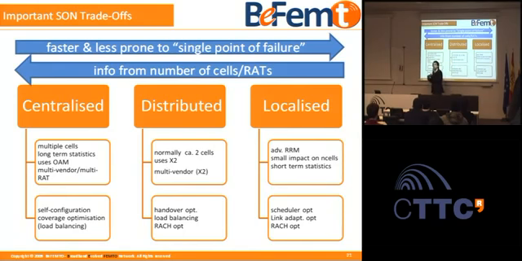Another important issue is the single point of failure. Meaning if your centralized entity just breaks down for whatever reason, that's it. End of the story. Your system is in outage, and this is what happened with BlackBerry.